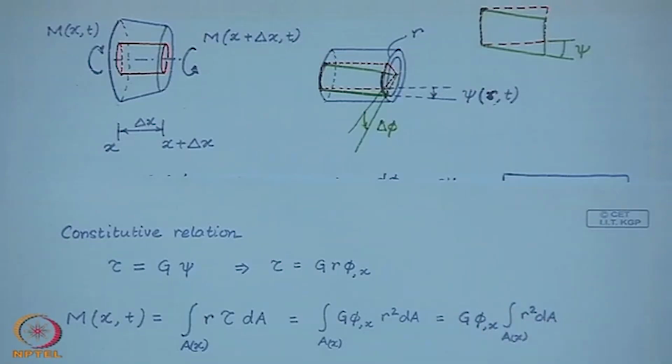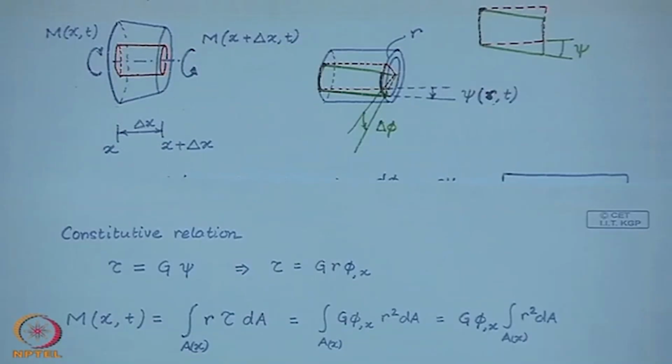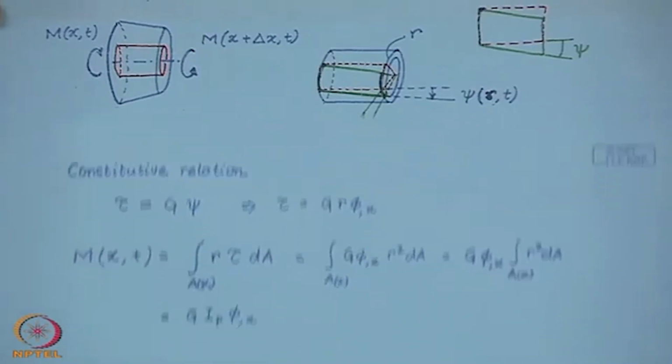And this therefore is the torque, and we can easily identify this integral as the polar moment of the area. So, now I have related the torque at any cross section in terms of my displacement, the torsional displacement.